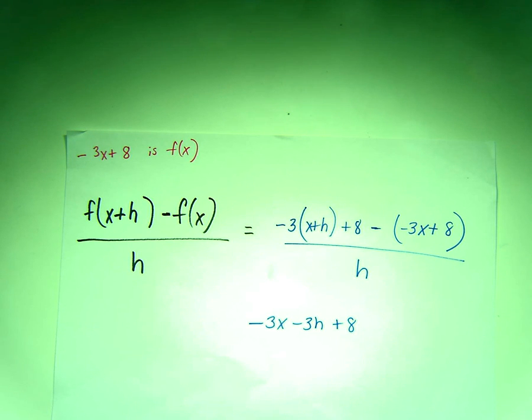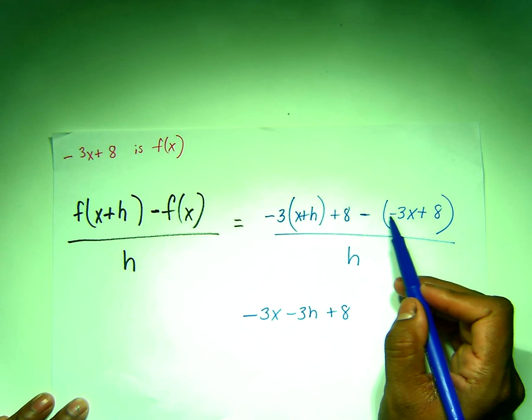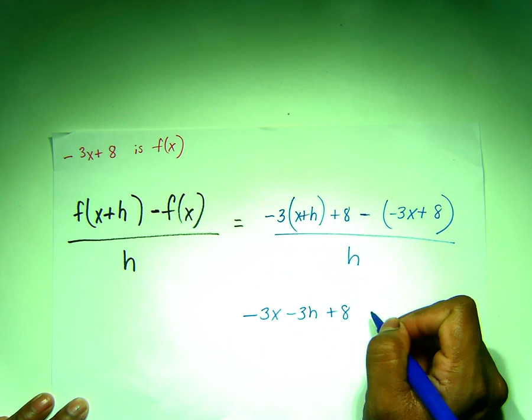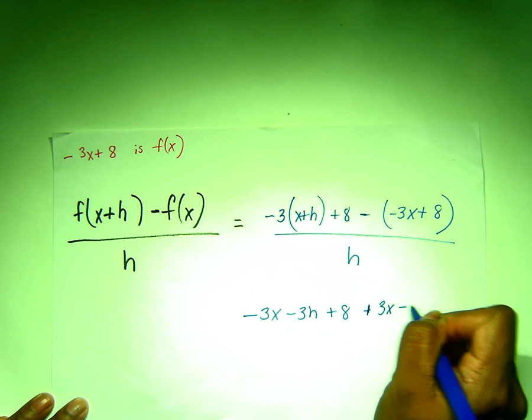So again, this part right here, substitute x as x plus h. So using the distributive property, we're going to have negative 3x minus 3h, bring down your 8. And then for the second part, still use the distributive property as if this was a 1. Two negatives give you a positive, so now we got positive 3x minus 8.